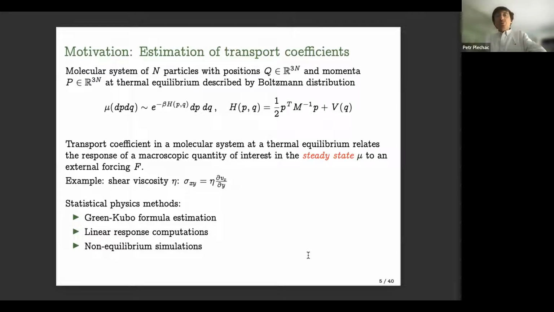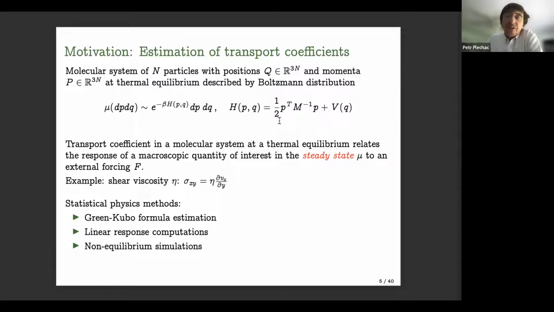The motivating application for us was estimating these transport coefficients in molecular systems, because that is a known difficult problem where estimators of steady state sensitivity, so transport coefficients, suffer from large variance.